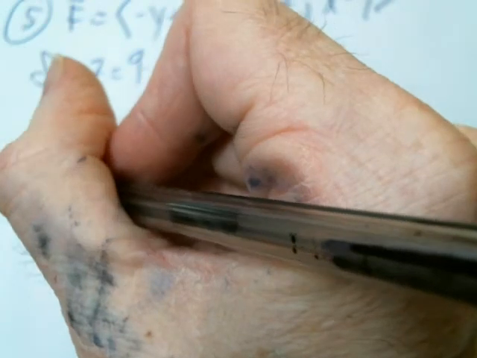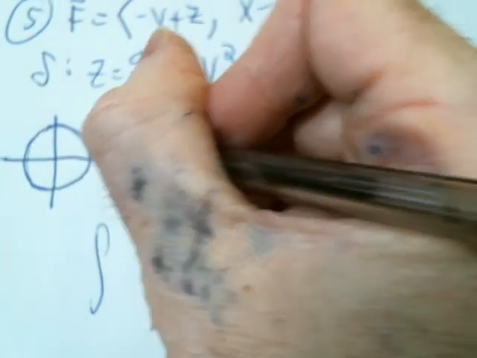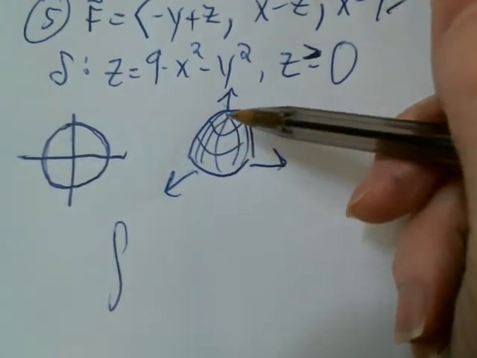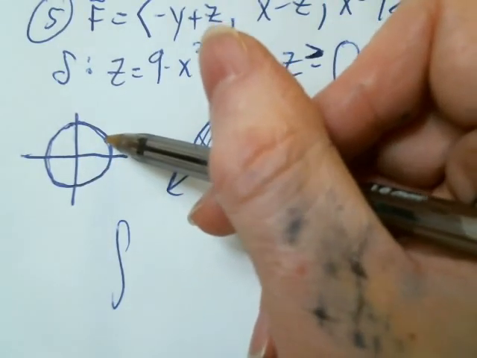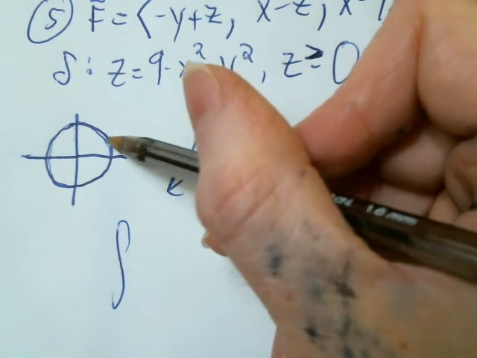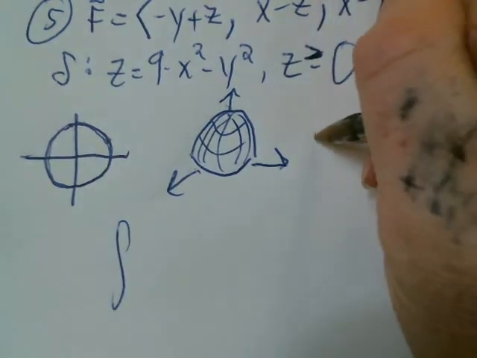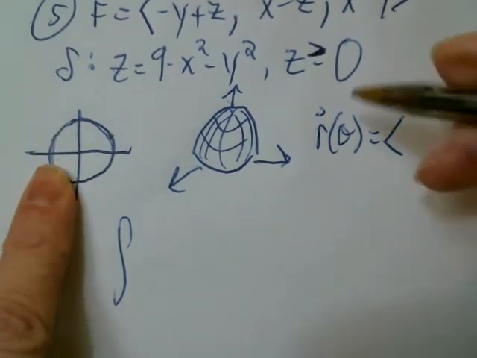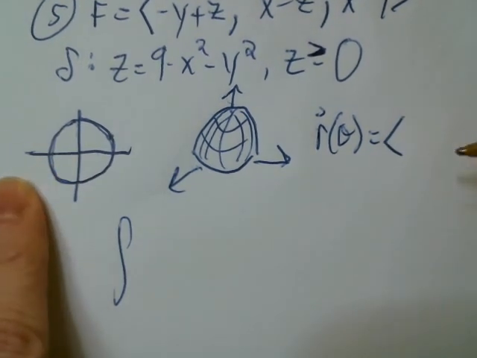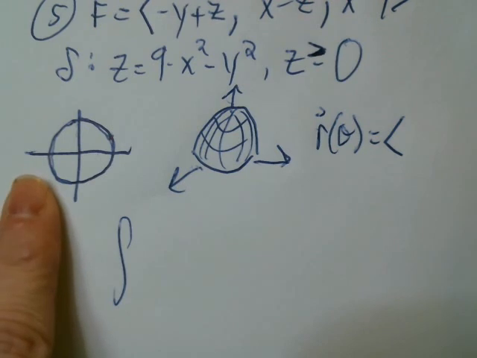We just need the boundary, and the boundary is in the xy plane. So this problem isn't as hard as some of the other problems could be, where we can almost let the z part of our equation just be 0. So I'll say r of theta is equal to, and we're thinking of generating this curve here in space, but it's kind of generic because the z component is 0.